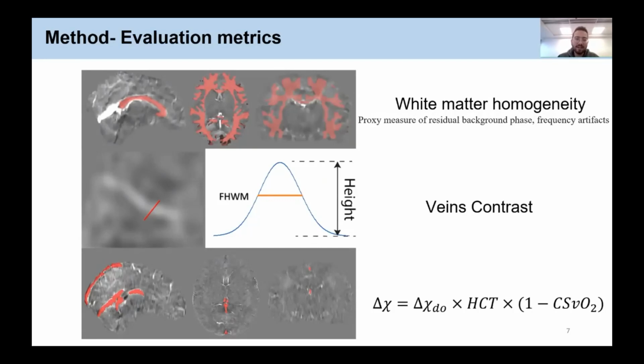The third one is not actually a quality metric, but I'll be extracting the oxygenation levels in the cerebral veins, also known as CSvO2, using the following equation. And finally, the susceptibility values will also be calculated for different regions.